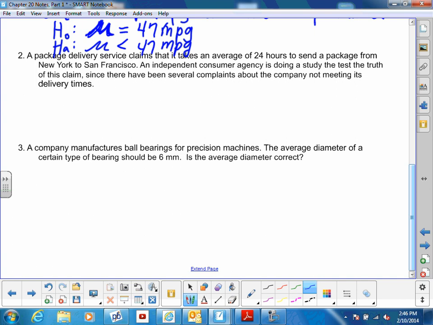So first, proportion or mean problem. Okay, good. We are going to be making a claim about the average of what? Okay, good.